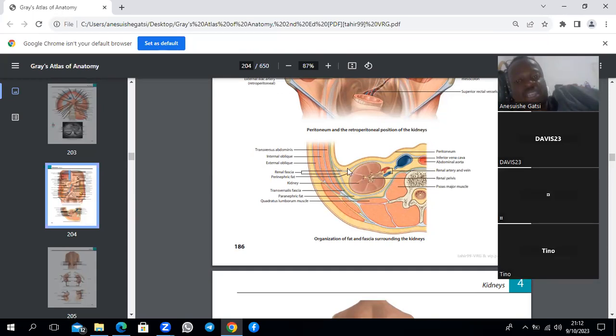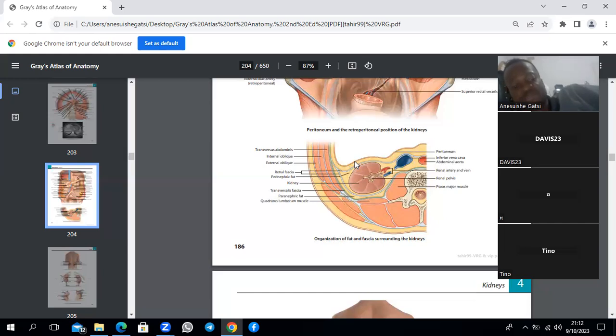Then after this renal fascia, more on the outside, there is pararenal fat. This pararenal fat is part of the retroperitoneal fat that you mentioned when you're doing the walls of the abdomen. So what are the four coverings of the kidney? There is the fibrous renal capsule, there is the perirenal fat, there is the renal fascia, then there is the pararenal fat.